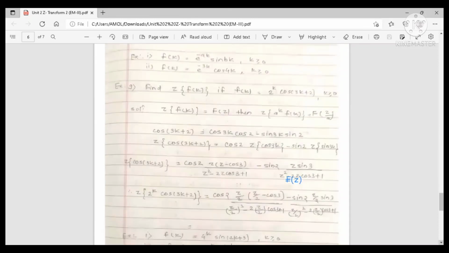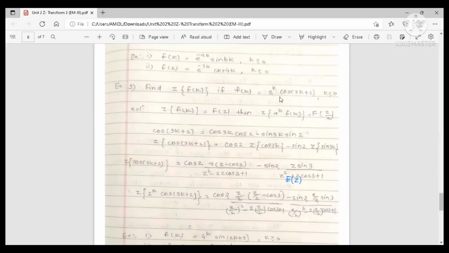Next, find the Z transform of f of k if f of k is equal to 2 raised to k into cos of 3k plus 2, when k is greater than or equal to 0. The Z transform of f of k is F of z. Then the Z transform of a raised to k into f of k is equal to F of z by a.